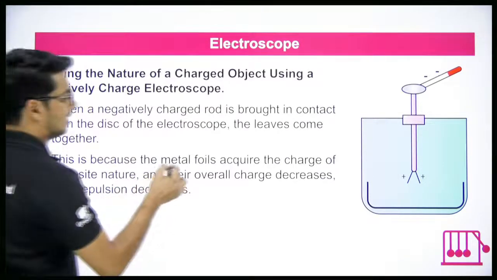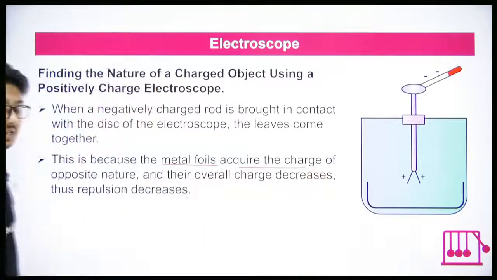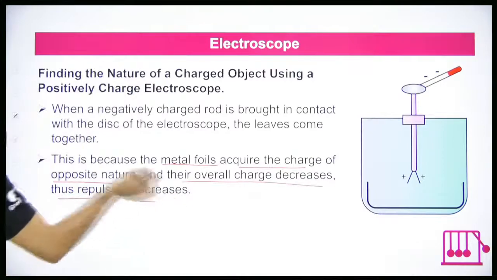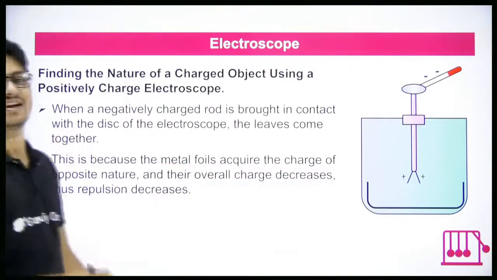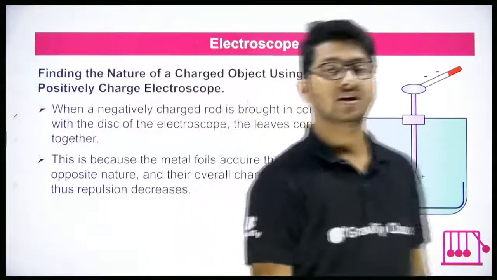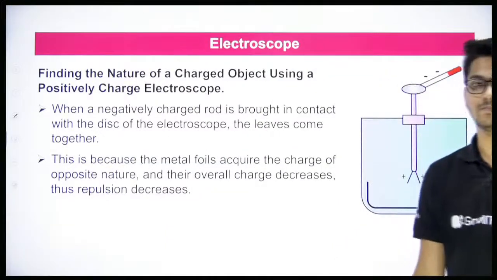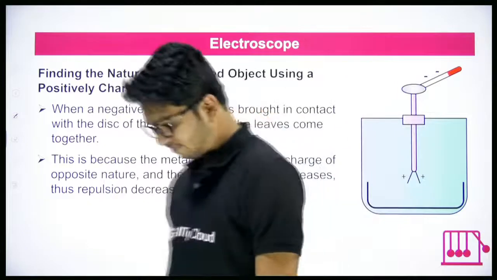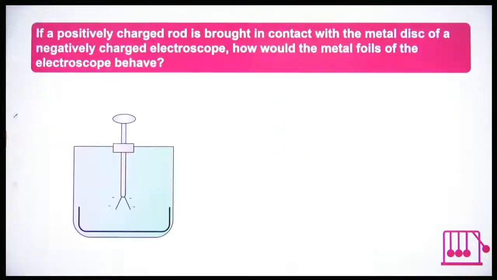This is because the metal foils acquire the charge of the opposite nature, and the total charge decreases and repulsion decreases. Okay? Good. Then let's continue.